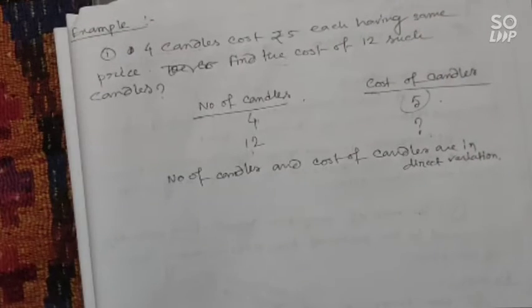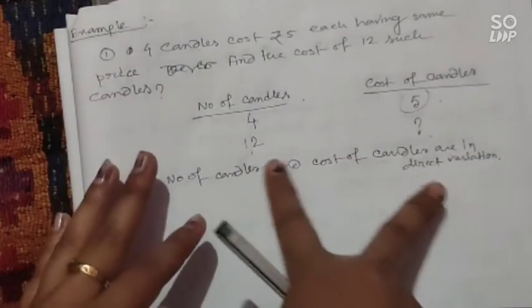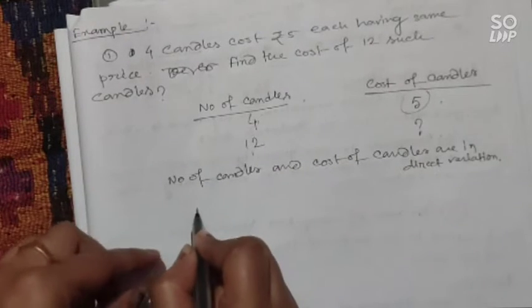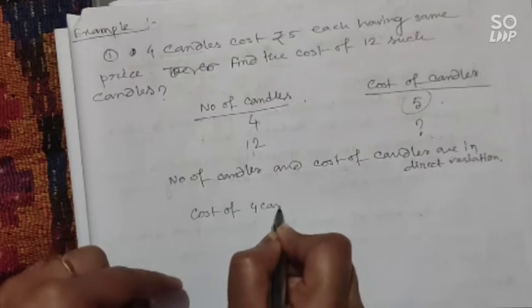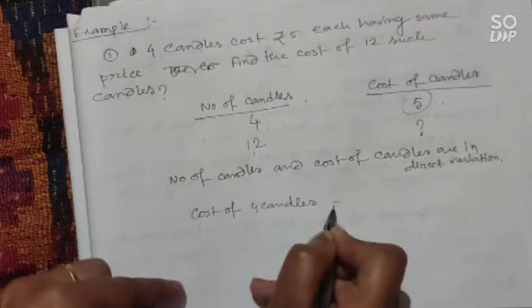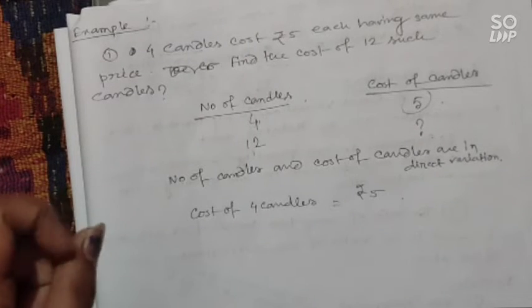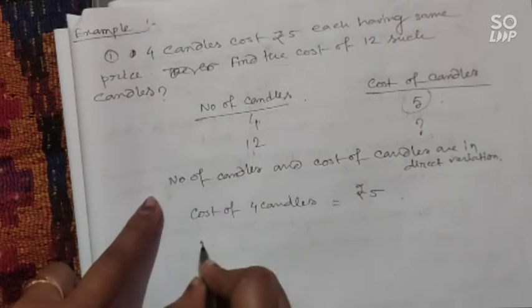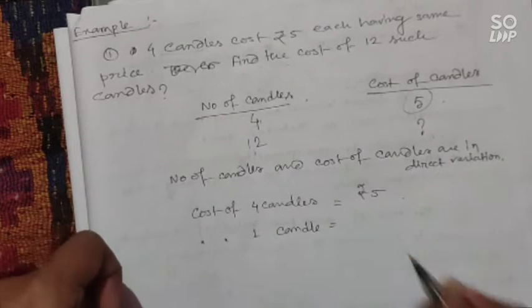Okay, so first we will convert this data into mathematical statements. Cost of 4 candles is 5 rupees. Then you have to find the information of one quantity. So the cost of 1 candle. So this is in direct variation.